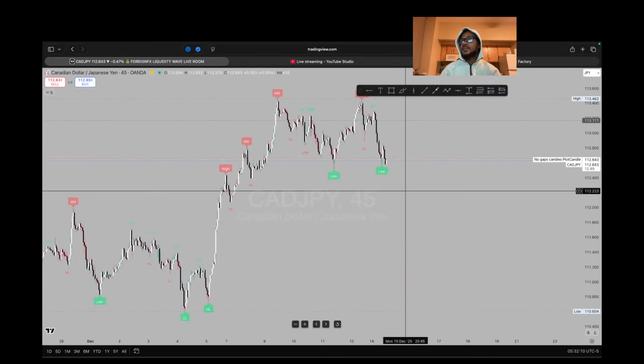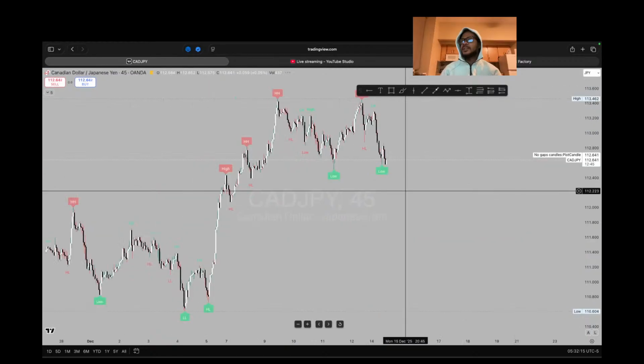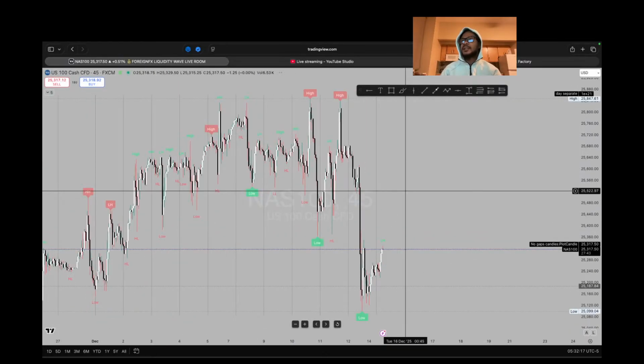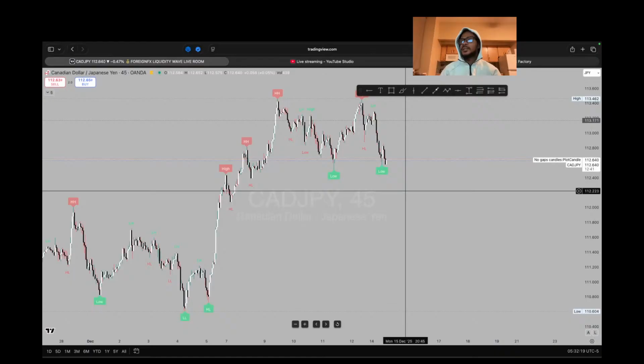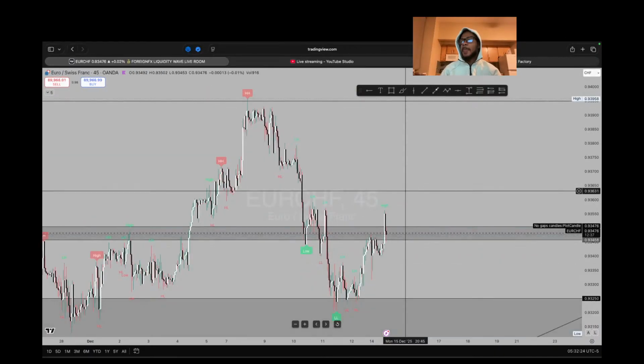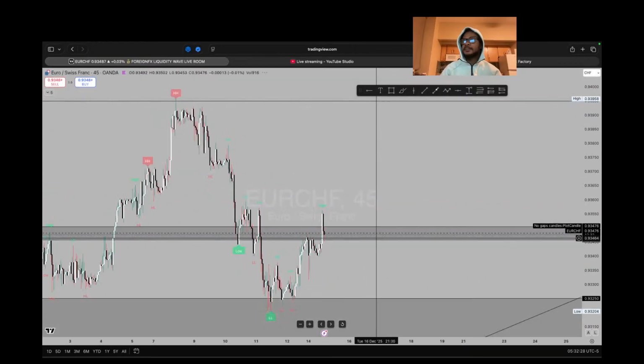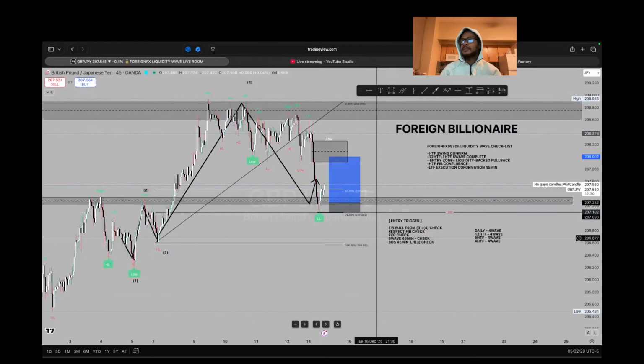Crazy. I bet US 30 is doing the same thing as well. Could have sworn, oh, it's in my auto watch list. I didn't analyze it, so that's why it's not there. Bitcoin, Bitcoin. GJ is just tempting.